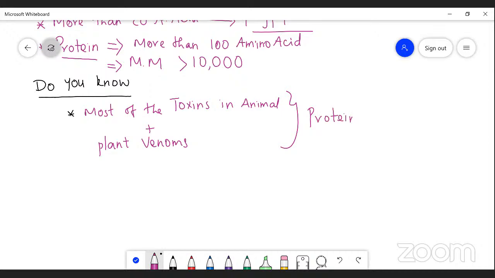So if you are taking proteins chemically, these are the polymers of amino acids, and most of the toxins in animals and the plant venoms are all proteins.